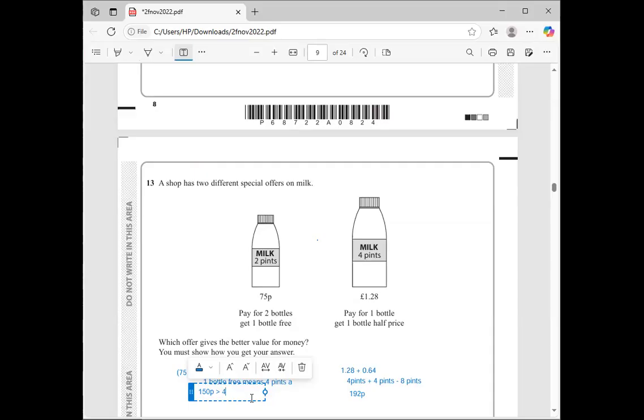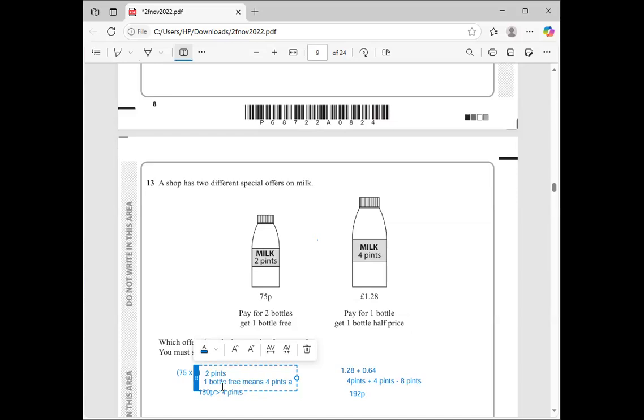4 pints only. Okay. So this is what I want to do. Sorry, did I say 4? Okay, yes, all together it's 4. One bottle free. Oh my goodness. Pay for 2 bottles. Oh, I'm sorry. Pay for 2 bottles.